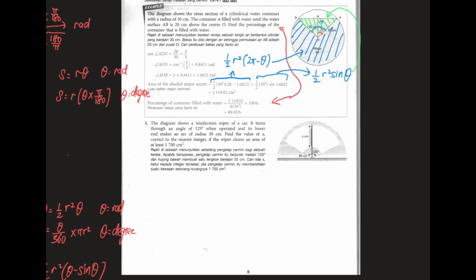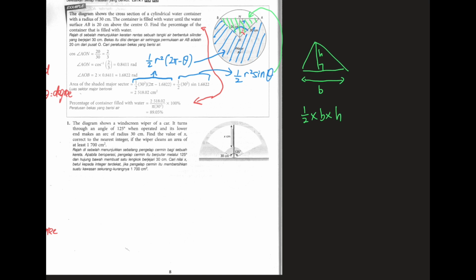Now, the triangle can just be done as times 20, times 30, divided by 2, if you know the base and the height: 1 over 2 times base times height.